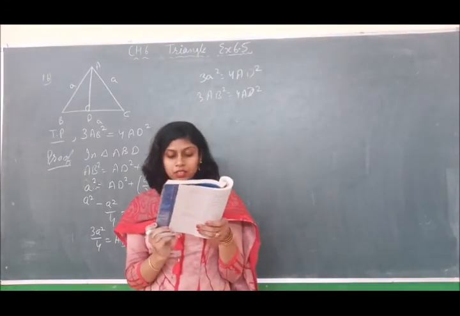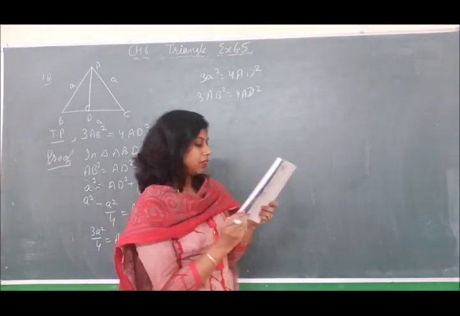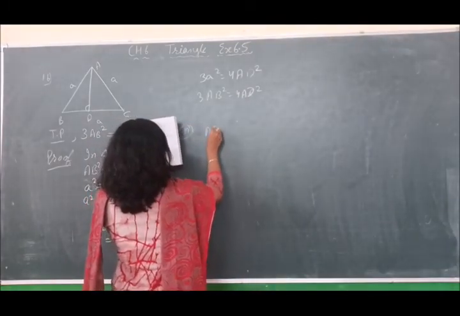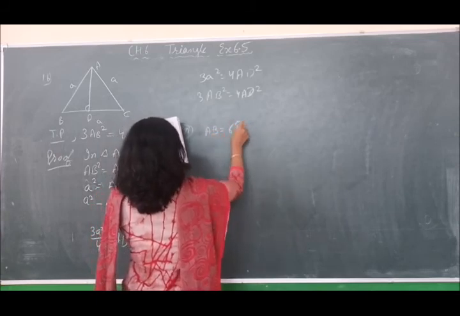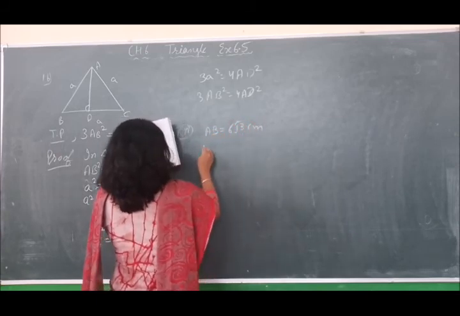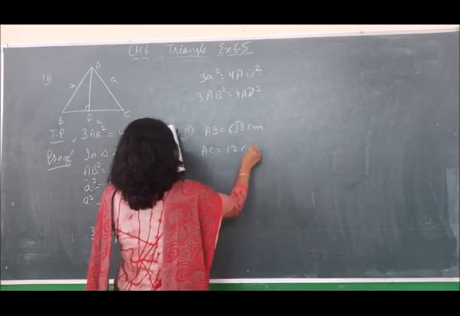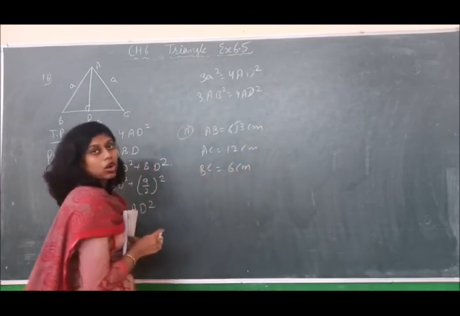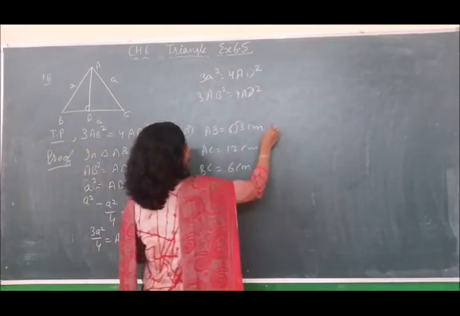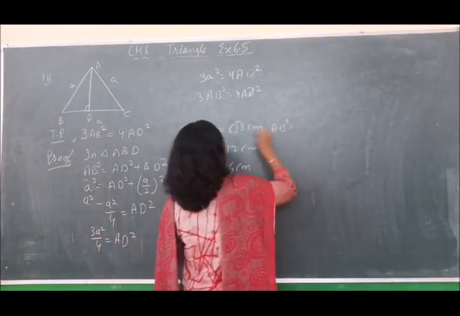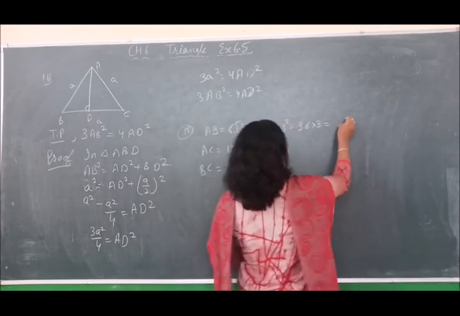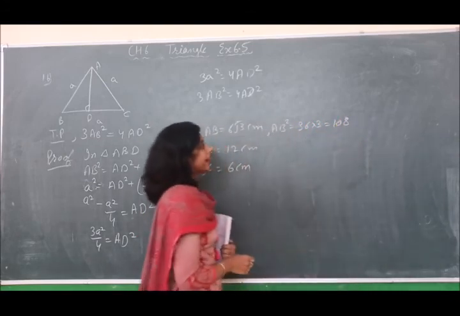Next question number 17. Tick the correct answer. Triangle ABC, AB is 6 root 3, AC 12, BC 6. First of all, square all the sides. AB square is equals to 6 square into root 3 square, 108.